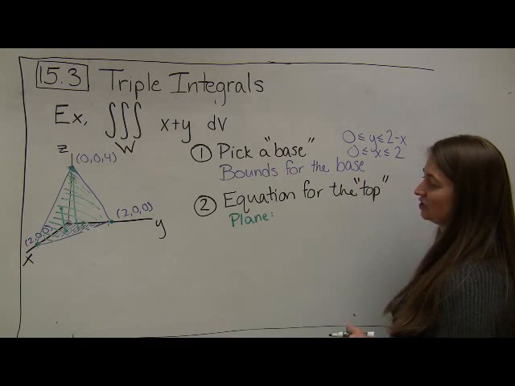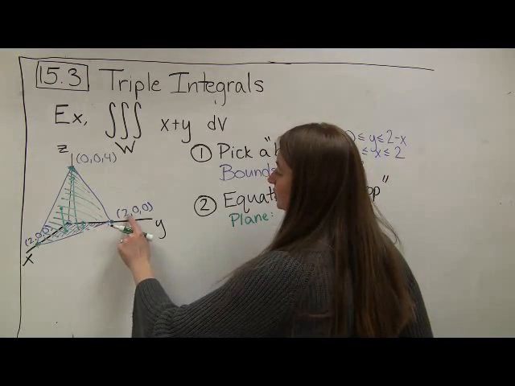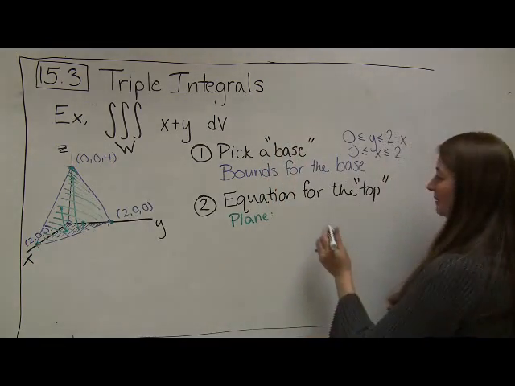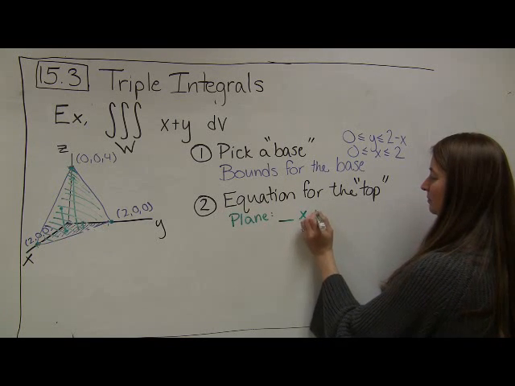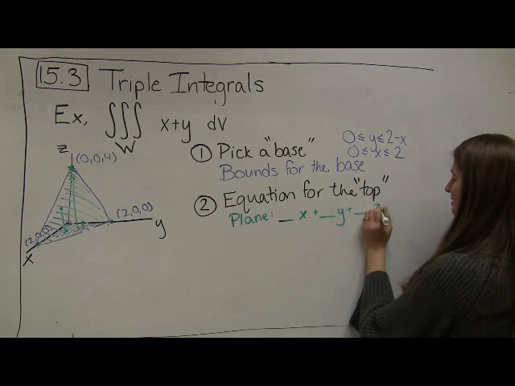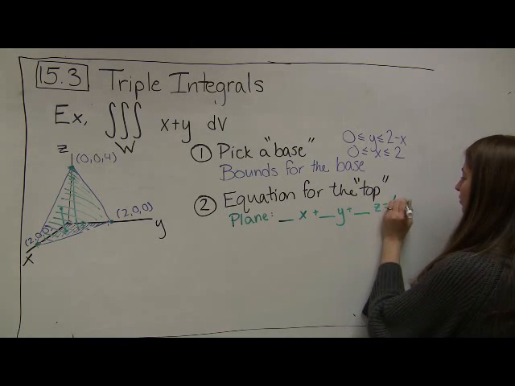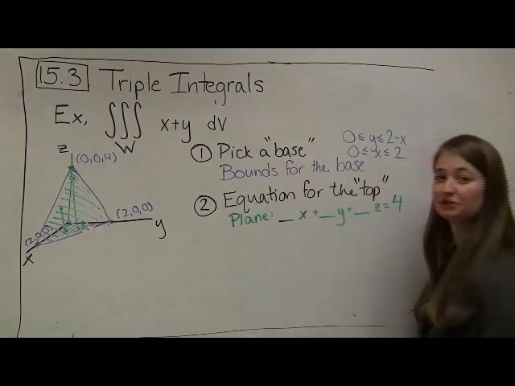I'm going to do it by guess and check, because I see that there's a really clear relationship, 2 and 2 and 4. I'm going to set it up so that some coefficient times x plus some coefficient times y plus some coefficient times z has to be equal to 4. I'm picking 4 because I know that each of these intercepts are multiples of 4.